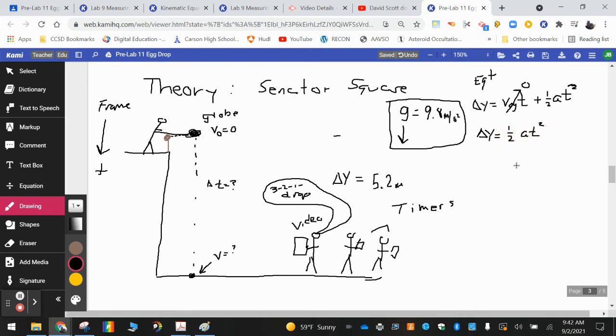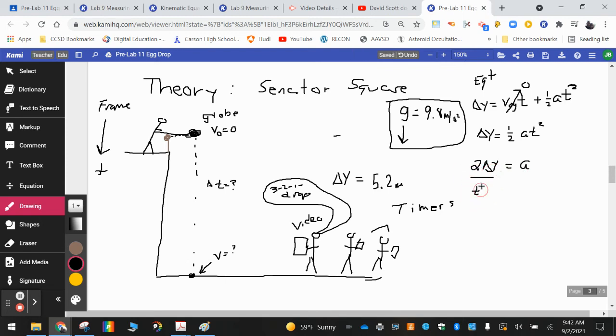Now, one of our objectives is to figure out what a is. So can I solve this for a? This is going to be 2 times delta y equals a times t squared, so a equals 2 delta y divided by t squared.